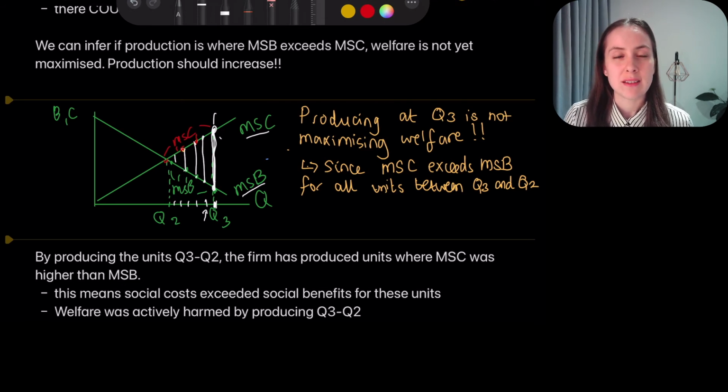What this means is that at Q3, we know that welfare isn't as high as it could be. It's better to avoid producing all these goods. You could have had a higher welfare at Q2. So producing at Q3 is not maximizing welfare, because the MSC is higher than the MSB. If you wanted to maximize welfare, avoid making these units.